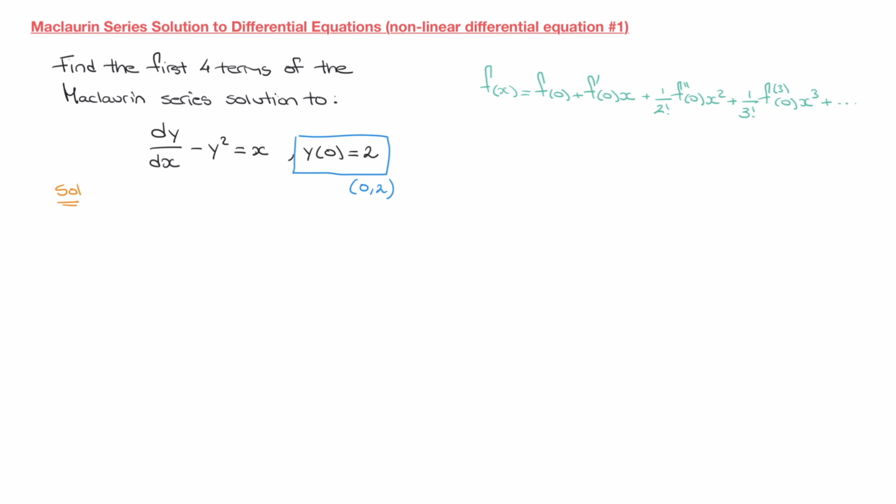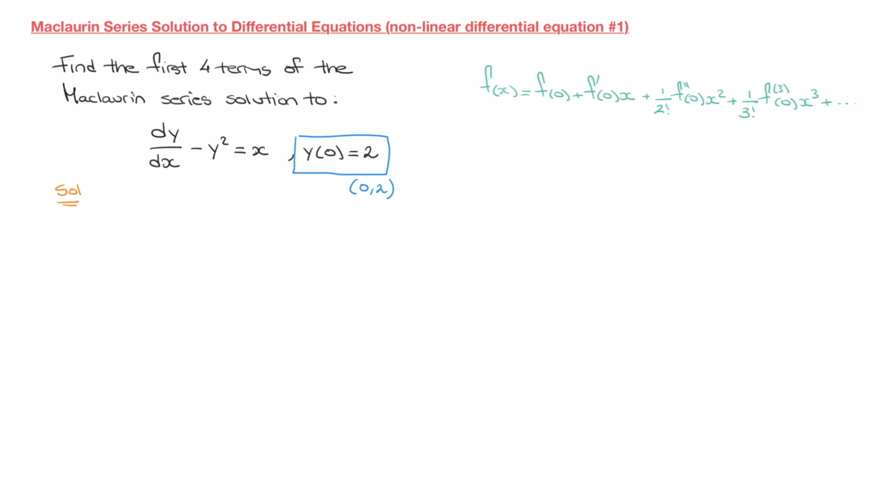Since we're after the first four terms of the solution, in the upper right-hand corner of the screen I've written the first four terms of the generic Maclaurin series of a function f of x. The whole idea behind finding the first four terms is for us to find the values of f of 0, f dash of 0, the second derivative at 0, and the third derivative at 0. And for that, we'll make use of the differential equation and its initial condition.